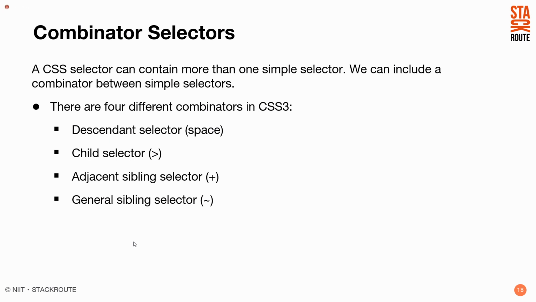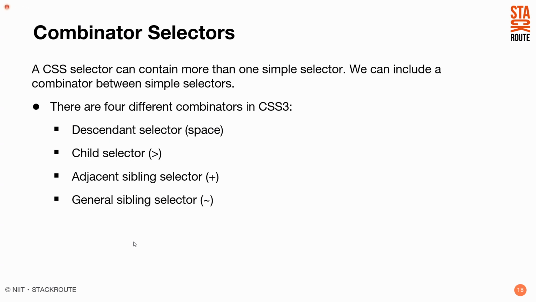In such a situation, if I want to apply style to my parent element as well as the nested child element, or only for the parent and not for the child, based on our requirement, you can use these combinator selectors. So there are 4 types of combinator selectors.